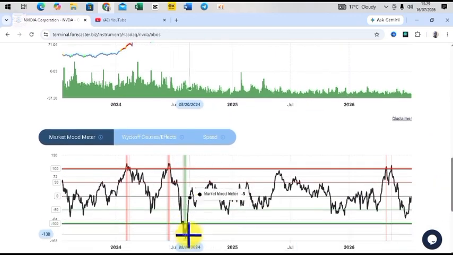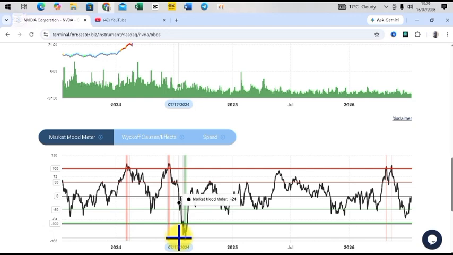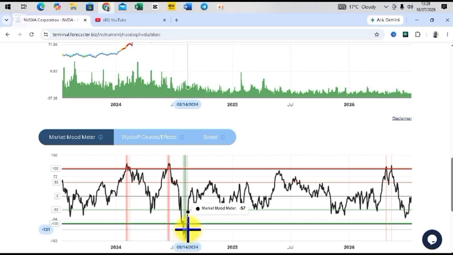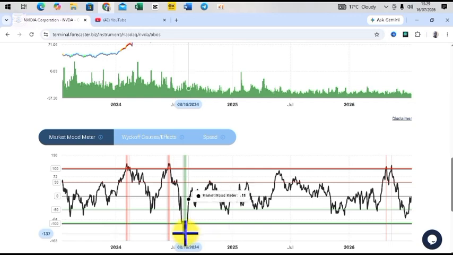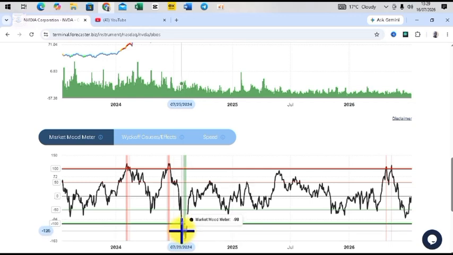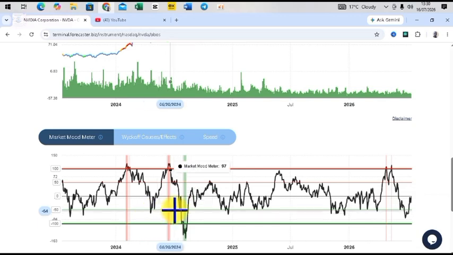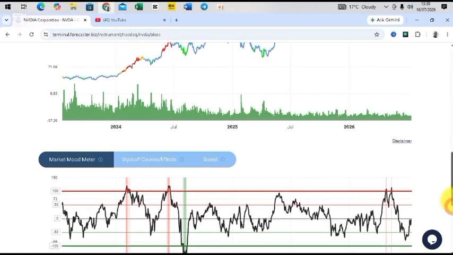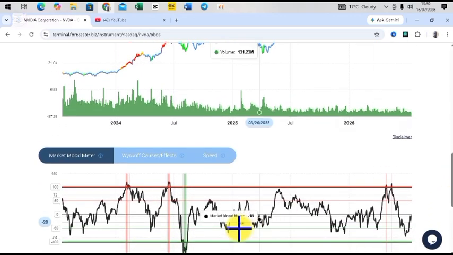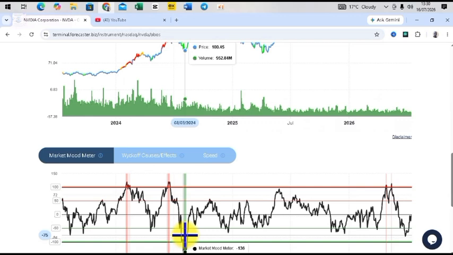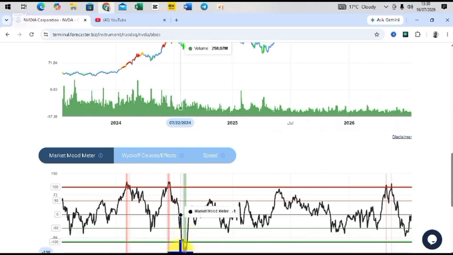So for example here, when you look here, the oscillator, the market mood meter, had reached the oversold region, and what they are saying is you look for a divergence. So if I scroll up again, you look here. Was there a divergence?